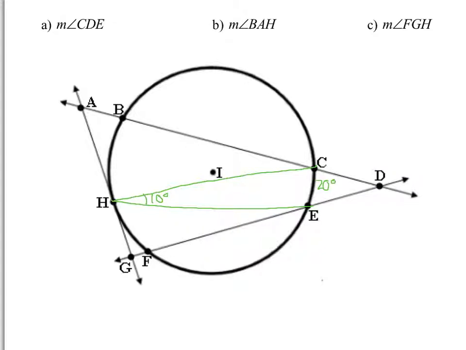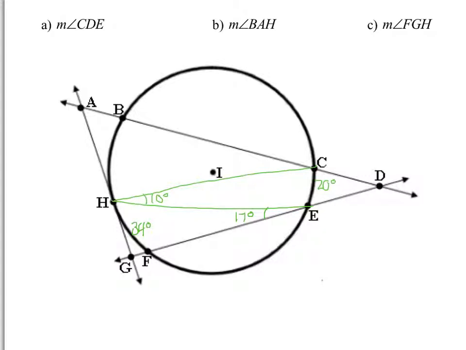The measure of angle HEF is going to be 17 degrees. That's given. So the measure of arc HF is going to be 34 degrees because it's twice as much.